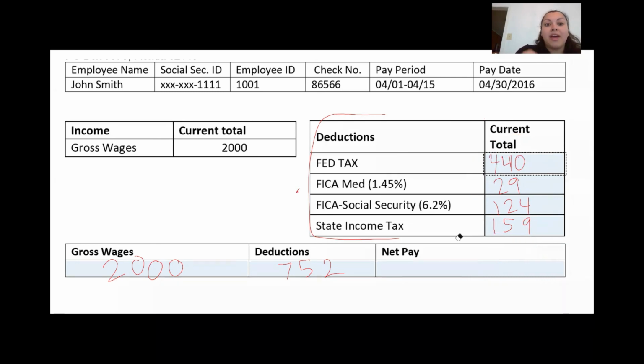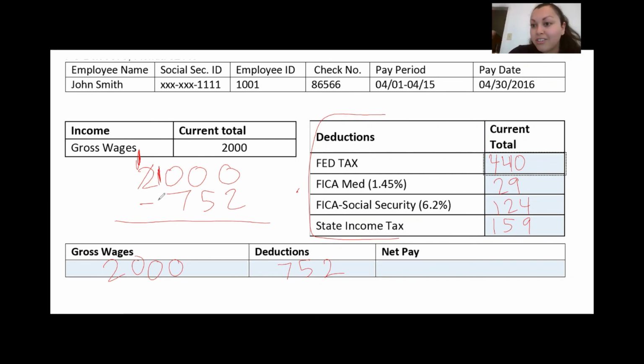So then my net pay, again, from our earlier definitions, is our gross pay minus all the taxes. So we're going to take $2,000 and we're going to subtract $752. So again, we have to regroup this because this 0 minus 2 will result in a negative number. So we want to make this 1,000 and then make this 10 hundreds, which is another 1,000.